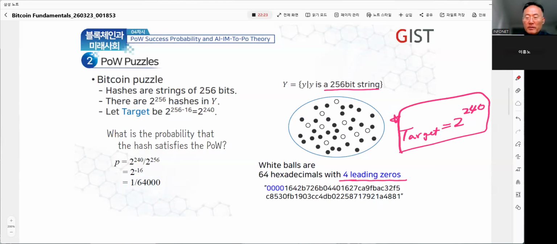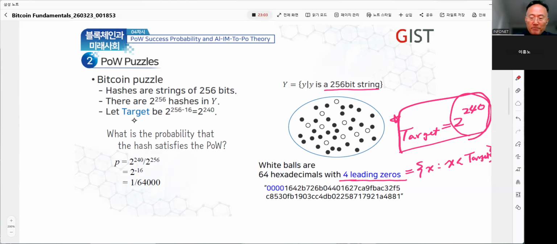We can set it to be this, right? And any hash smaller than this target is going to be white balls. So white balls are the set of x such that x is smaller than target. The cardinality of this set is 2 to the power of 240.